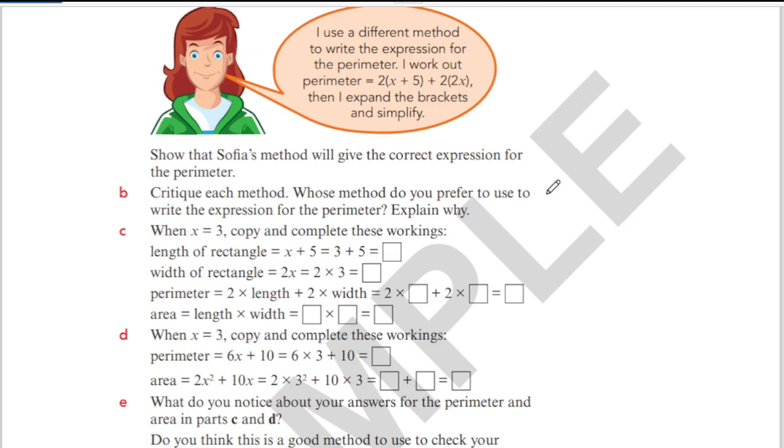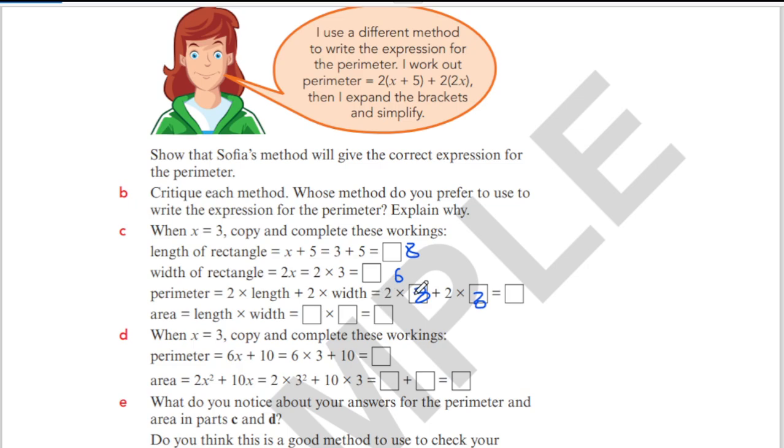We'll start part C, in which they are saying when x is 3, you have to copy and complete the workings and find the length and width of the rectangle by using the value of 3. 3 plus 5 is 8, so its length is 8, its width is 2 into 3, 6. By using this length and width, you have to find the perimeter. 2 into length, which is 8, plus 2 into width, which is 6.